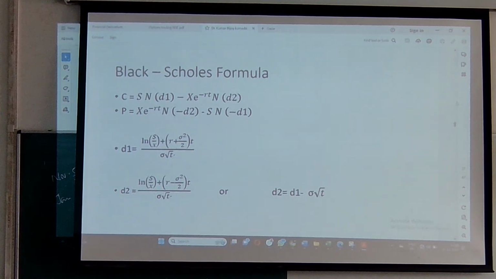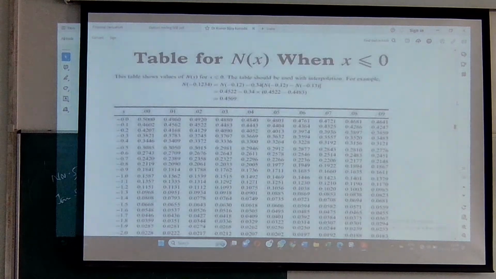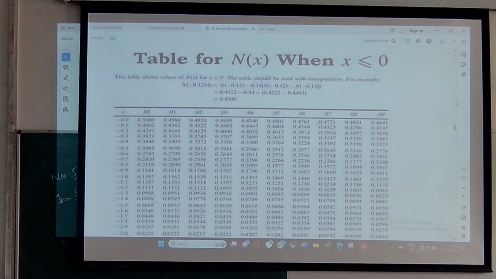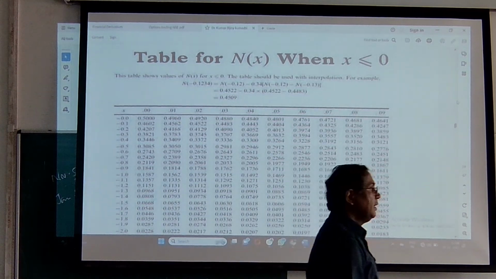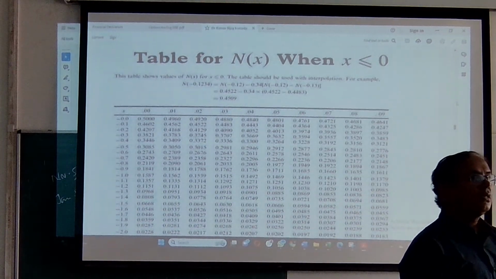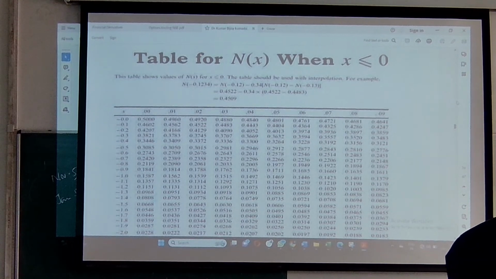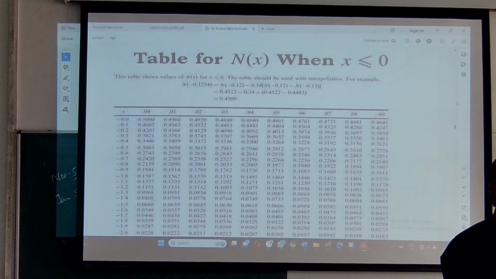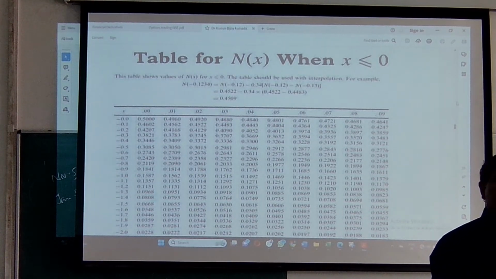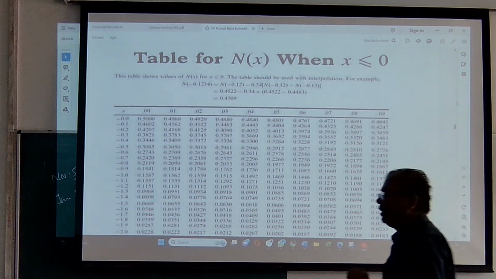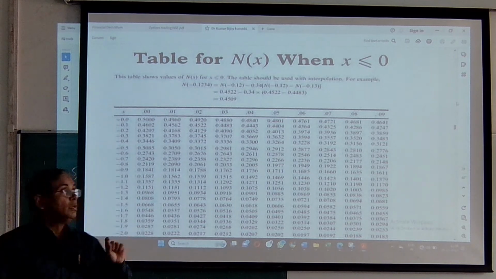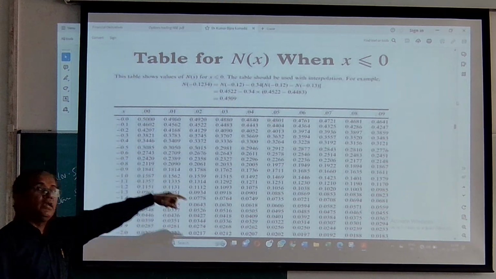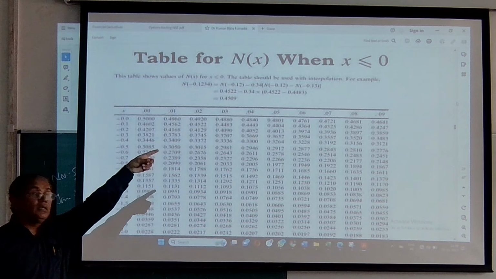So look into how this calculation takes place. Quickly, there is a table which will be supplied to you in the exam as well. Understand that we will have two tables. One table is meant for negative values, another for positive values. The negative value table is written as less than 0.